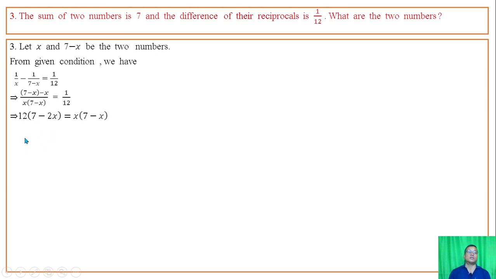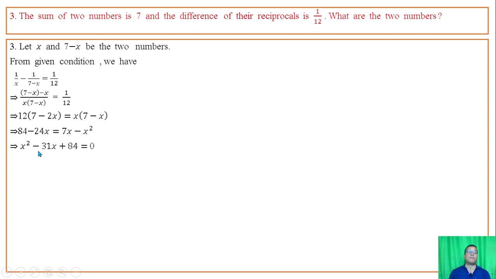We have 12 times 7 is 84, 12 times 2 is 24, minus 24x plus 7x minus x square. Taking the terms to the left side, we have this quadratic expression.